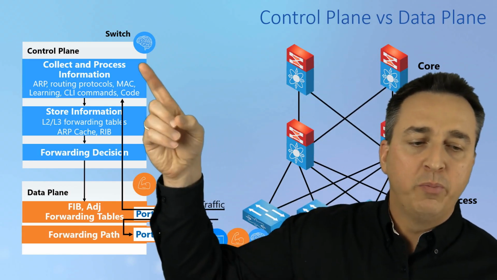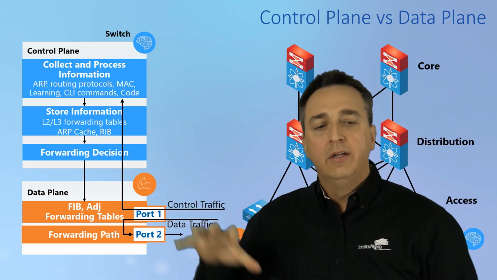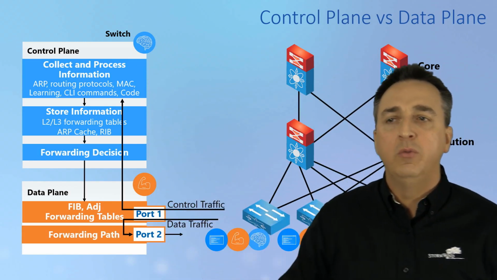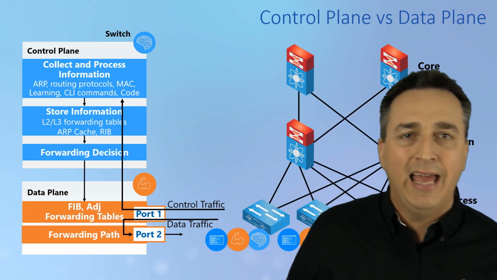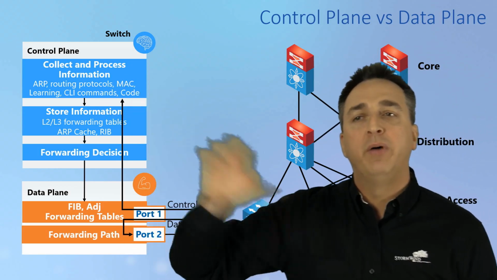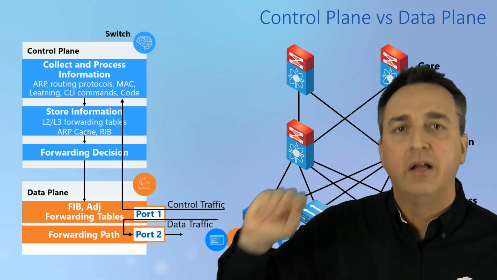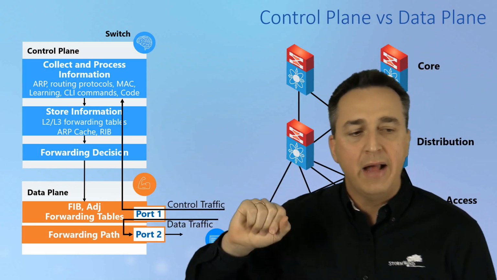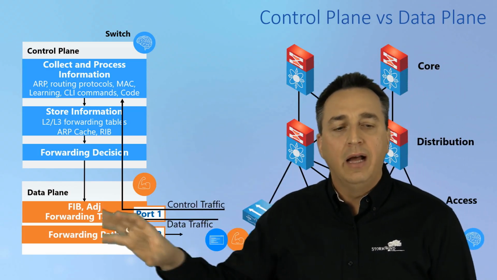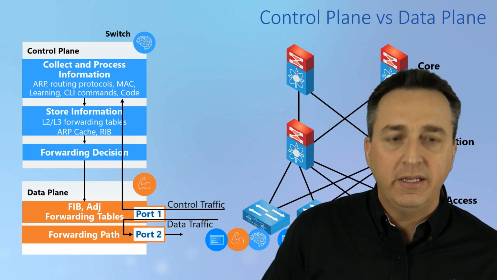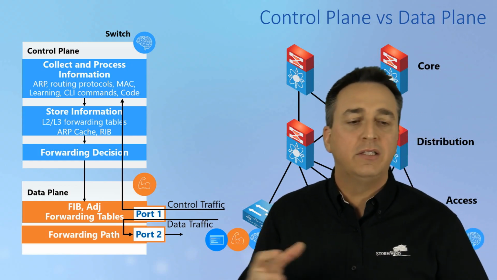So up here we have our brains. Down here we have our power. So the idea is I want to move as much traffic as I possibly can without ever having to bug the control plane, without ever having to bug the CPU or using random access memory or anything like that. At the data plane, we have hardware-based tables, we have forwarding tables, we have adjacency tables.